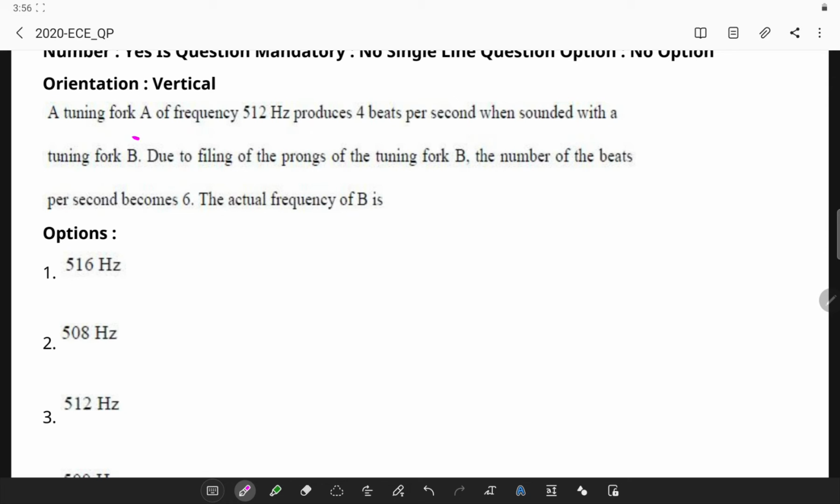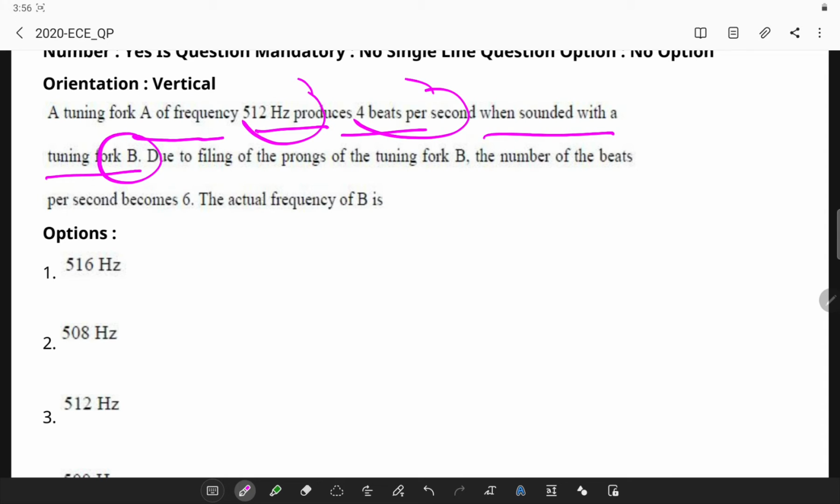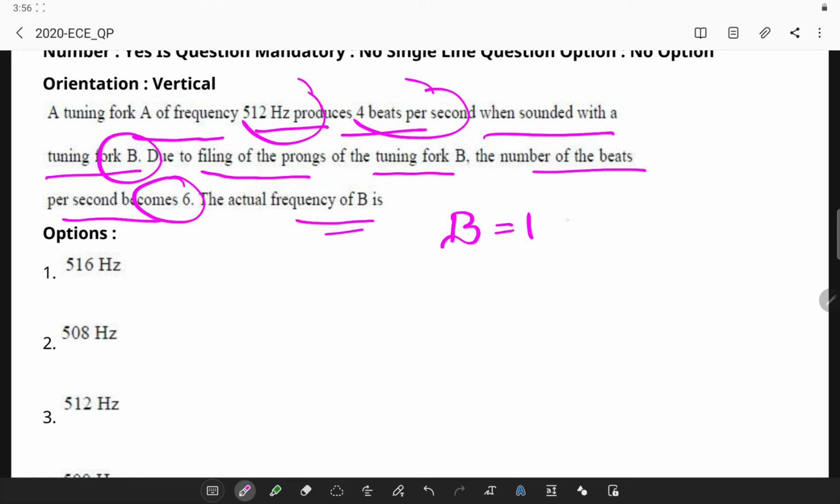Next, a tuning fork of frequency 512 Hz produces 4 beats per second when sounded with the tuning fork B. Due to filing of the prongs of the tuning fork, the number of beats per second will have become 6 per second. So what is the actual frequency of B? So if you remember, the beat frequency will be modulus of f1 minus f2.